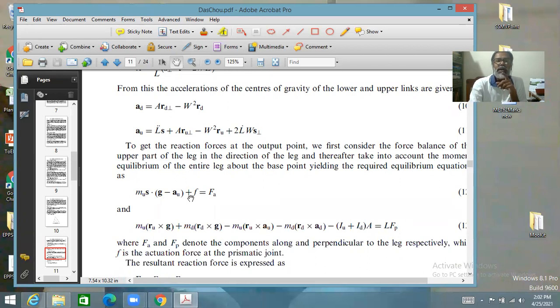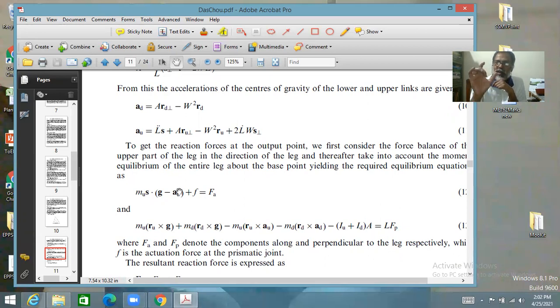So what we are doing is basically we are talking about the equilibrium of the upper part of the leg only, and that is why this force is coming. Okay, only upper part. You see, inertia of only upper part is coming. Mass of only upper part is coming.